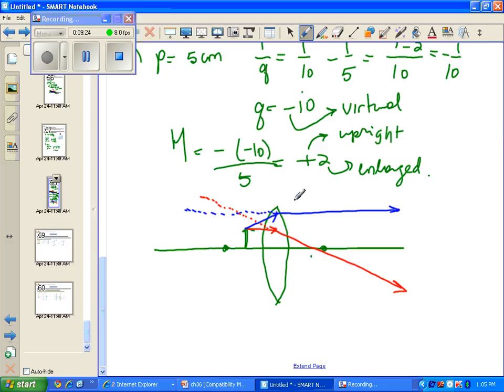Third one passes through the center, and again we have to backtrace it. Well, as you can see, although not a very well laid out picture, again because of our pen, we have our image forming roughly over here. So this was our object. It is enlarged, it is upright, and yes, it is virtual.